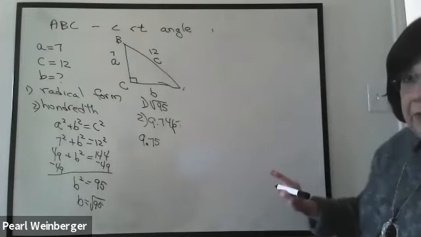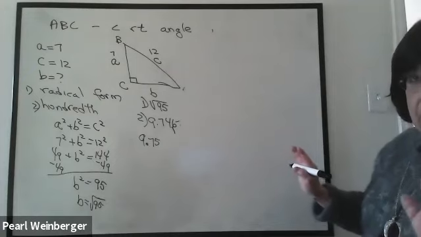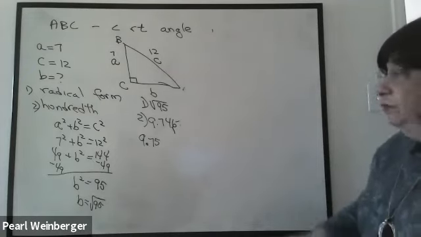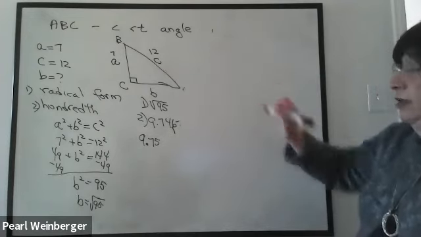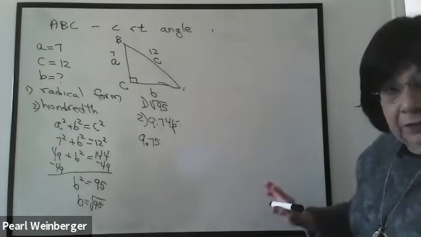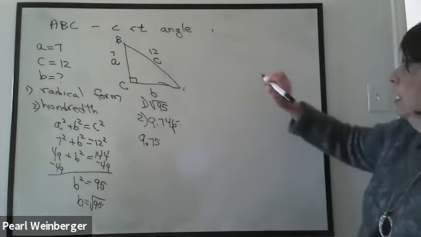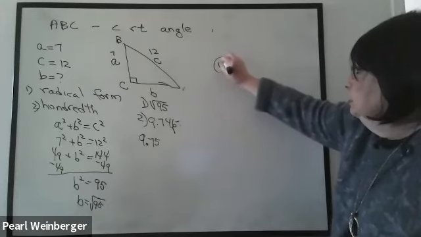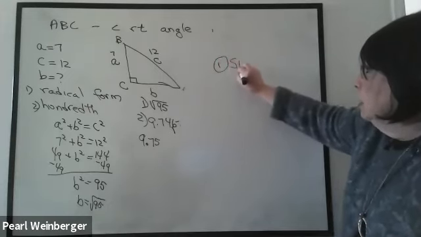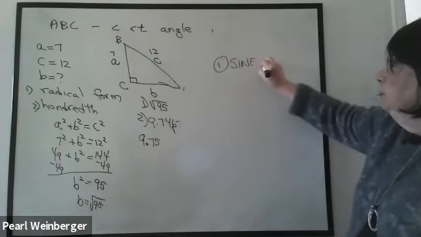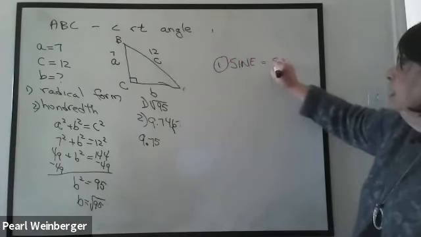Let's first talk about the three primary trigonometric functions. I'll give you their names. I'll then show you how to find them in a right triangle. The first one is something called the sine, S-I-N-E, but it's abbreviated S-I-N.